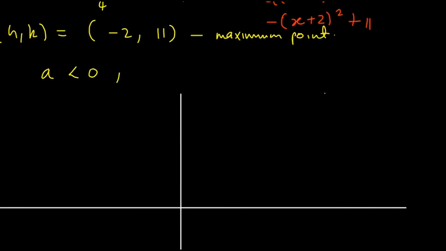So we have h, which is minus 2, so this is the x coordinate and the y coordinate. X is minus 2 and y is 11.